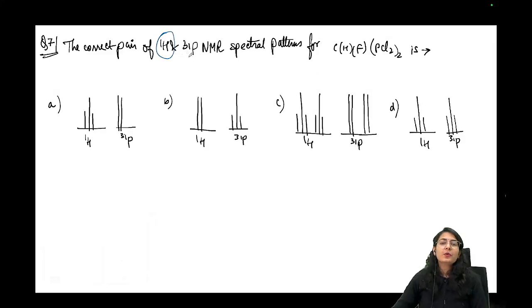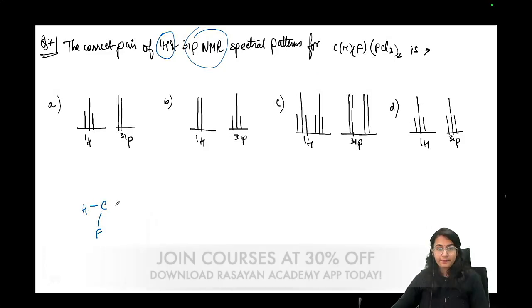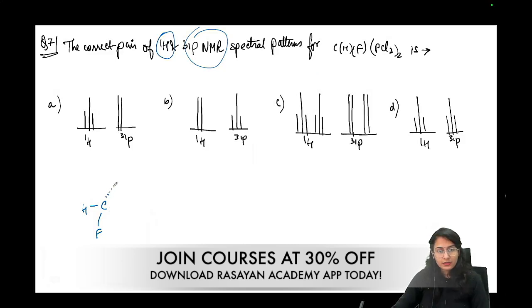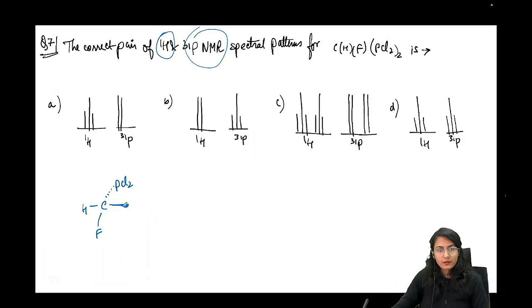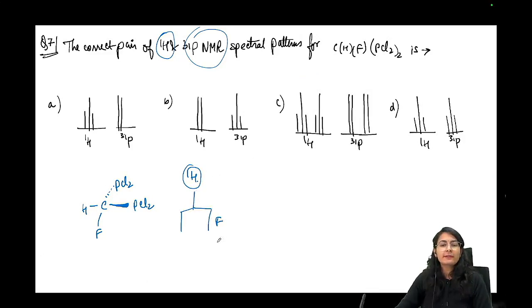The correct pair of proton NMR and 31P NMR spectral patterns for this compound CHF PCl2 like this. Now the question is, you are only being asked for the signals of proton NMR and 31P NMR. So there is only one proton. That's why you're going to get only one signal for this. Okay. So one signal, how is it going to split? That one signal is going to split into a doublet by fluorine.